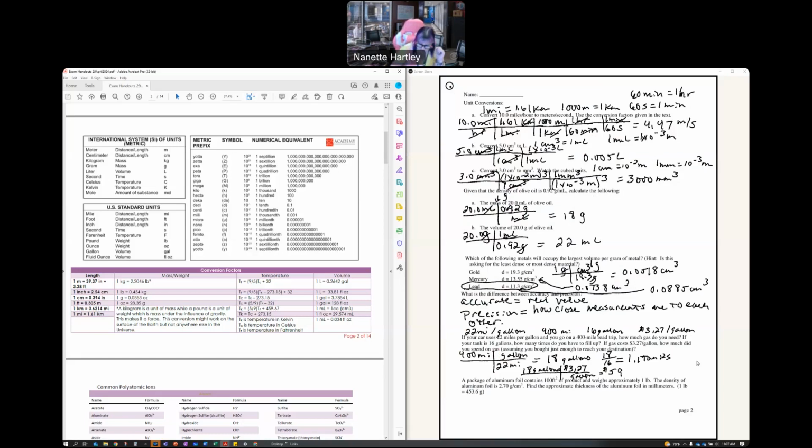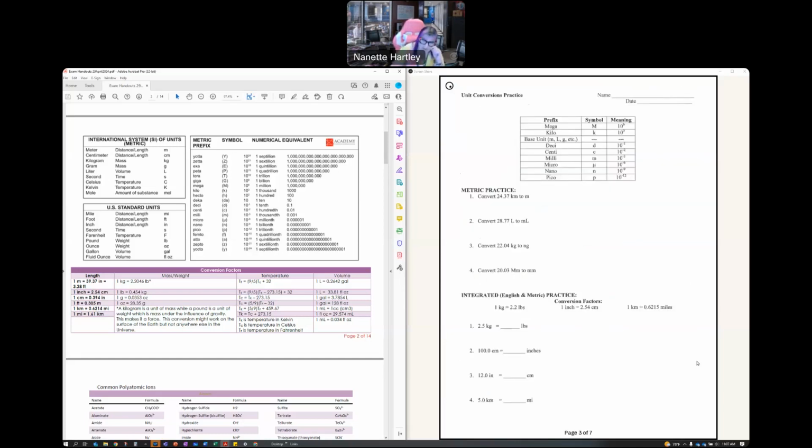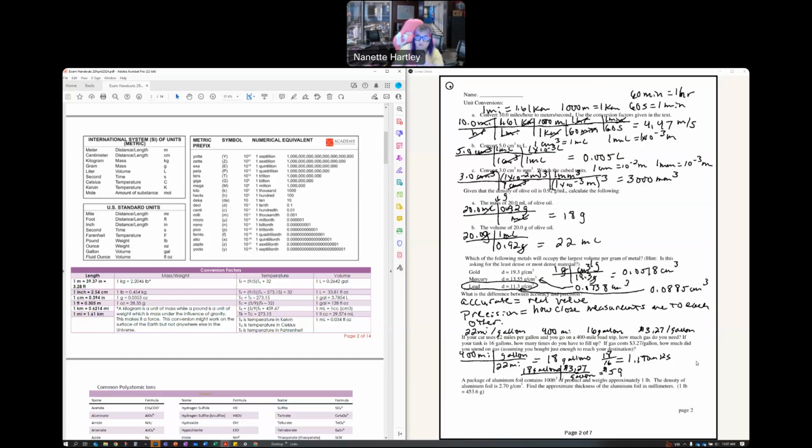I think this is the last page. Oh, no, it's not. It's the last page for this. So we're going to do this one and then we'll take a break. A package of aluminum foil contains 100 feet of product and weighs approximately 1 pound. So 100 feet squared and is 1 pound.